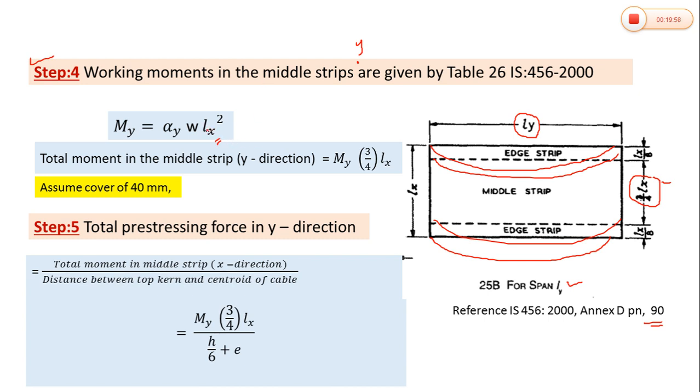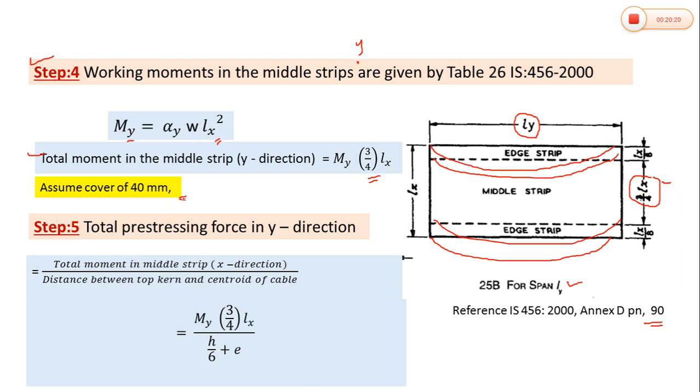So in every moment equation we have the Lx square only. For y also we are considering the minimum span. And once we get that unit moment, we need to calculate the total moment, just by multiplying it by the middle strip length.